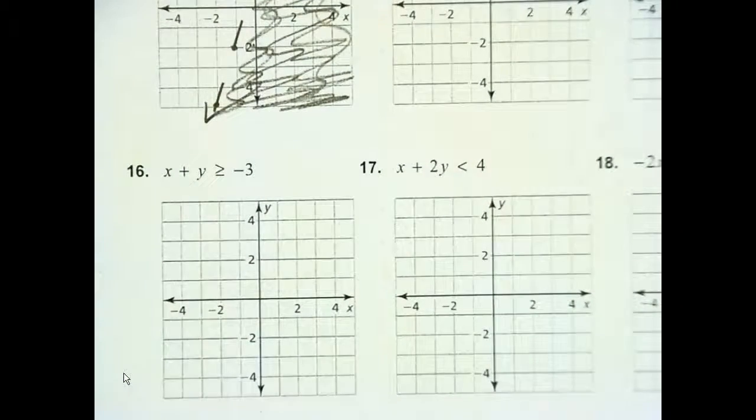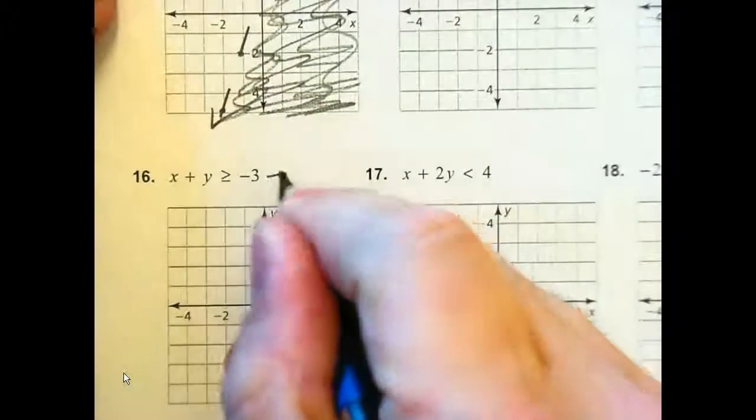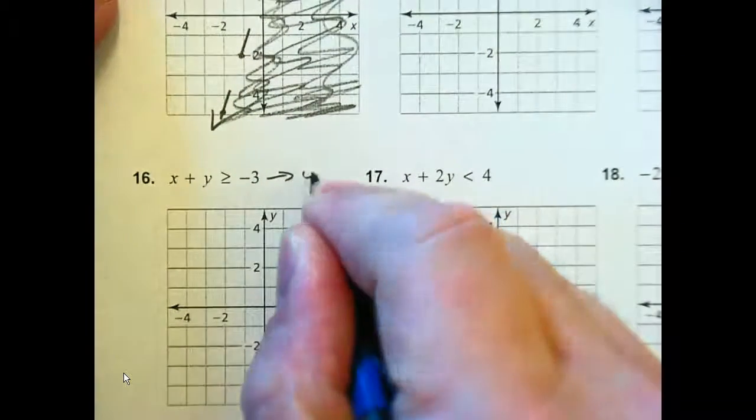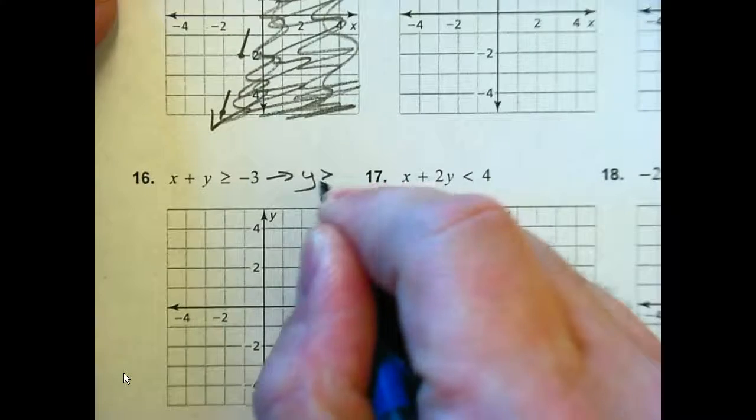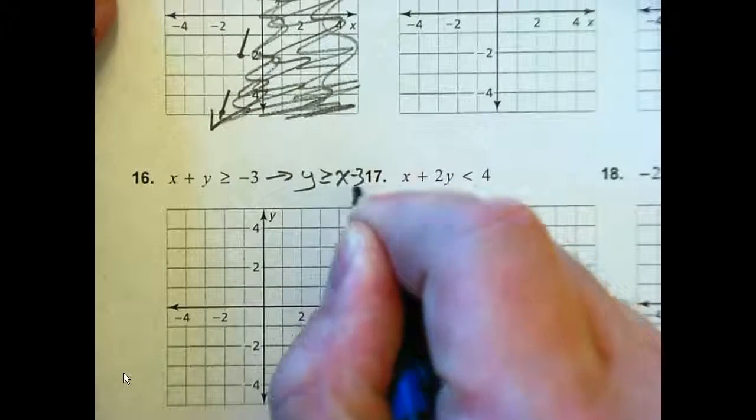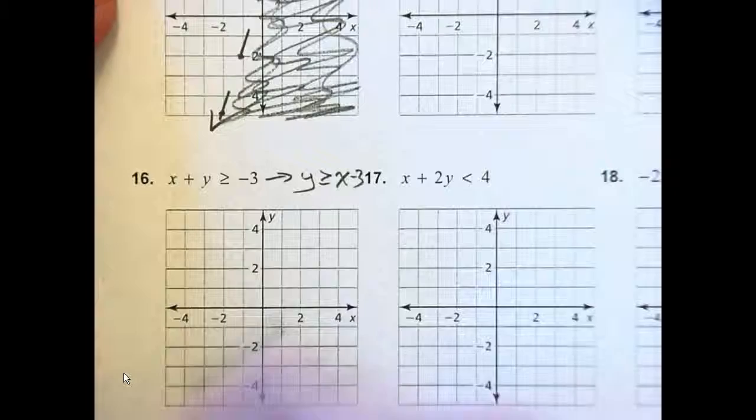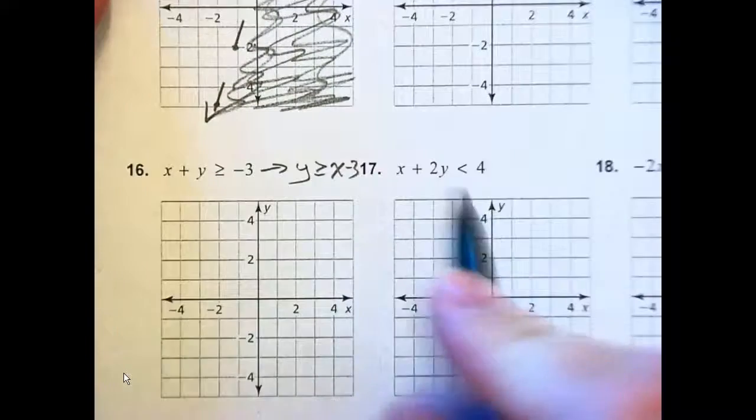Alrighty-o. How many changed it to slope-intercept form? How many used X and Y intercepts to graph it? No one? Okay, I would use X and Y intercepts. You could change to slope-intercept. You just move the x over, and you go y is greater than or equal to x minus 3. So you could do that.